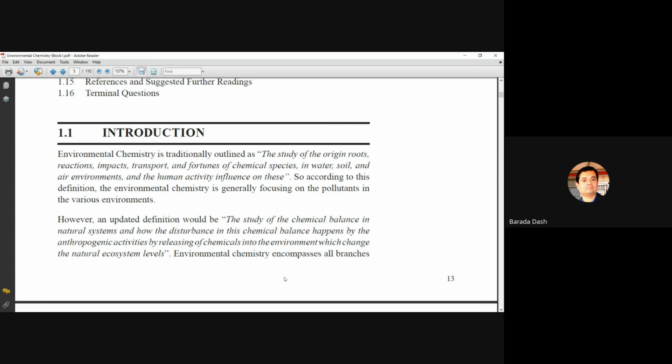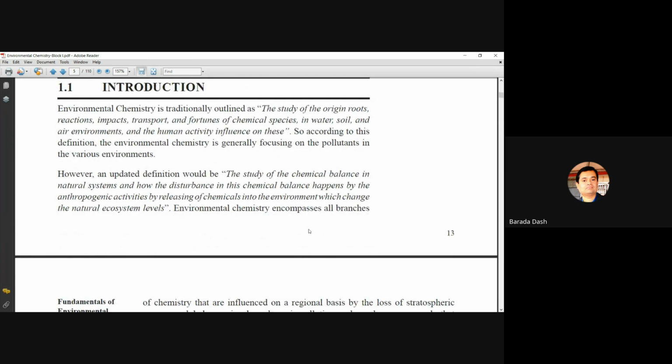Okay, then this updated definition: the study of chemical balance in natural systems and how the disturbance in this chemical balance happens by anthropogenic activities. Anthropogenic activities mean human activities, by releasing chemicals into the environment which change the natural ecosystem level. So basically, how human activities destroy the environment and change the natural ecosystems by altering the chemical balance in the natural system.